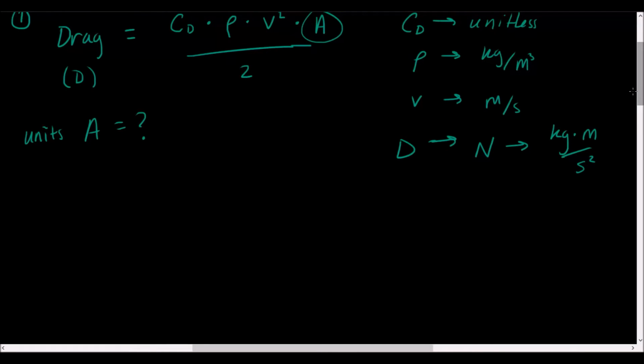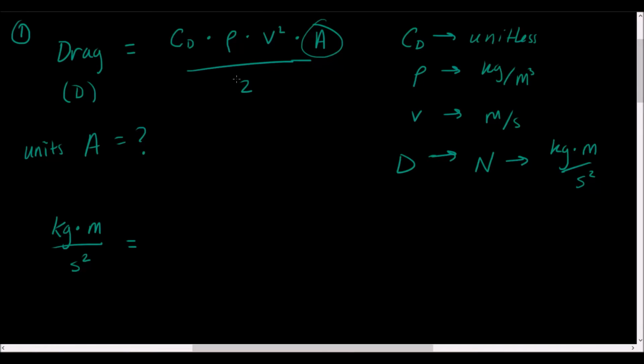So let's go ahead and do that right here. On the left side of my equation, I have kilograms times meters divided by second squared. Now the point of this example is, what do I do with this 2 here?